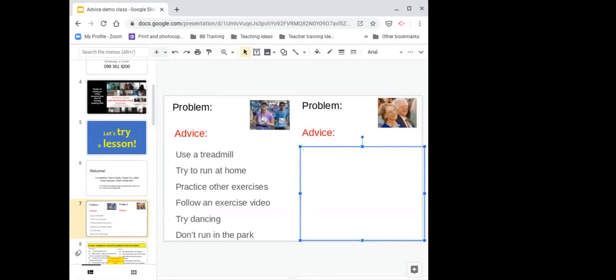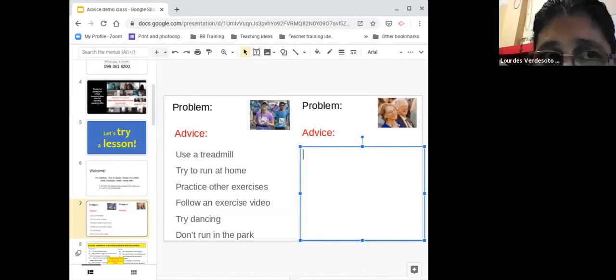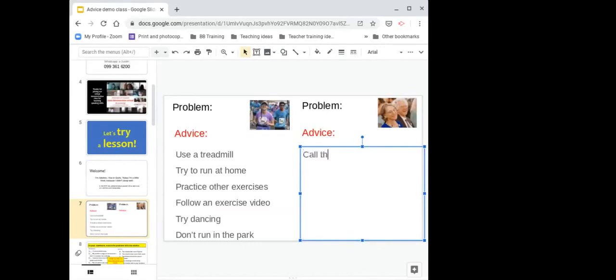They live close to New York City and I'm worried. Call them every day, maybe. Call them every day. That's a good idea. Yeah, it's a nice picture. They look happy. I like that picture. So call them every day. Very good idea.